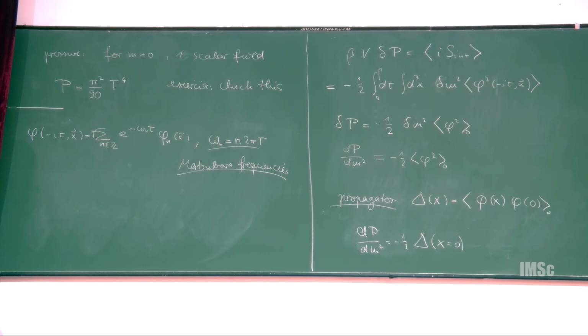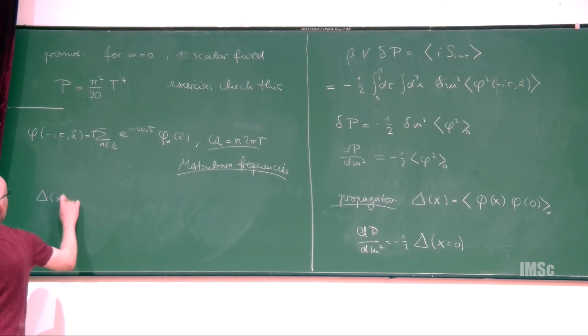Okay, so in the Fourier transformation, say, of the propagator, you usually have an integral over frequency and an integral over spatial momentum. But at finite temperature, in this formalism, you have a discrete set of frequencies. So you have a sum instead of an integral, and then still an integral over spatial coordinates. Yeah, so the propagator can then be written as delta of x.